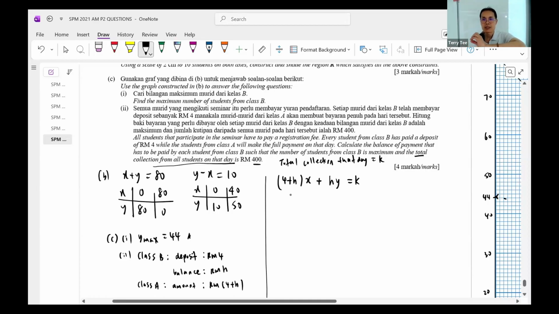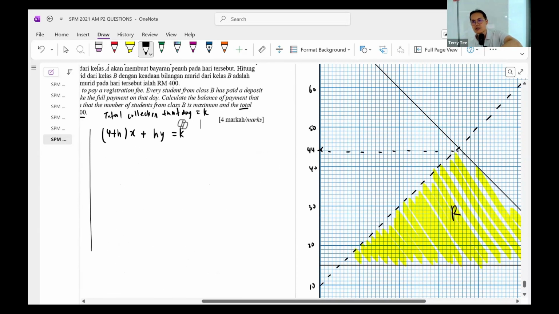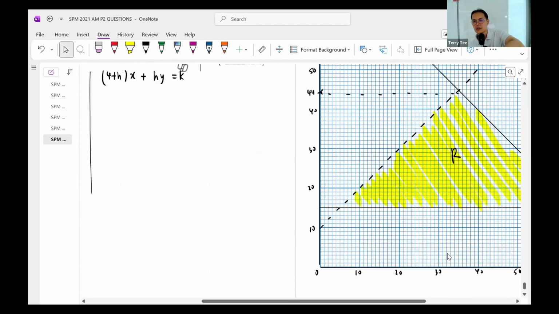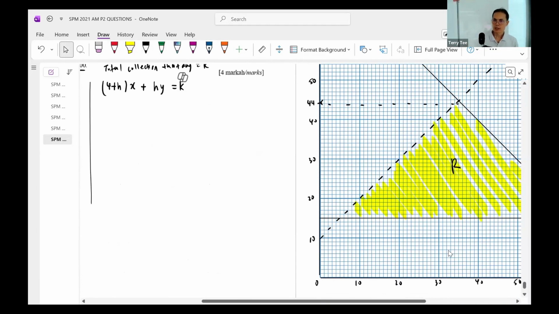But the question says it must be maximum, right? Number of students maximum from class B, right? Okay, when the number of students from class B is maximum, which is 44, what's your X? 30 what? Can you read for me? 36?